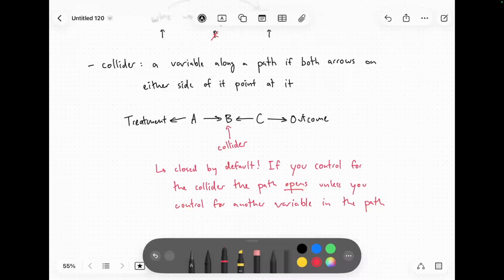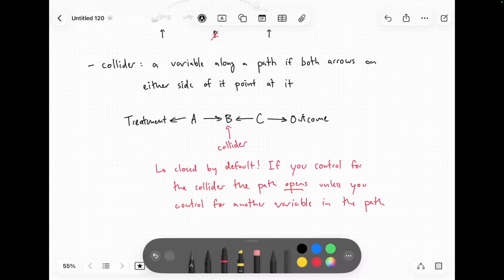This can be difficult in practice to identify, but it's also one of the reasons why figuring out your causal diagram is really important, because sometimes you might have a collider variable and people just throw variables into their model and say, oh, I'm controlling for all this stuff, when really you introduce this issue where now you've opened up a path and you have the possibility that there's something else influencing your outcome besides your treatment. Okay?